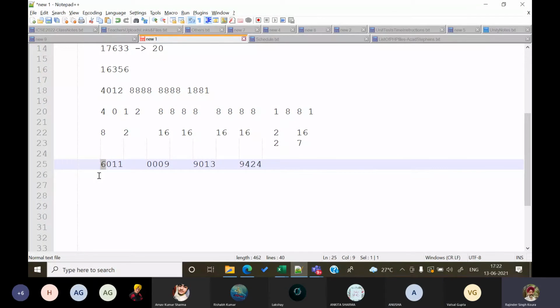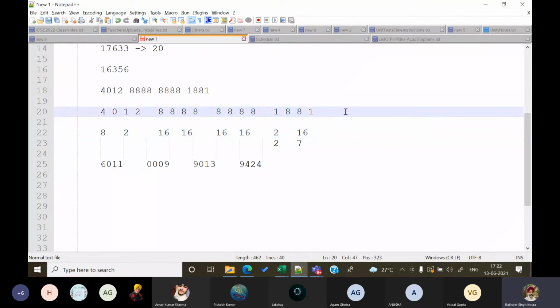Think about this. The number of digits will not always remain the same. The number of digits is not always going to be 12 or 16. If there are 16, fine, you can start with this, because when you take alternate digits from this side, it comes to the first one.